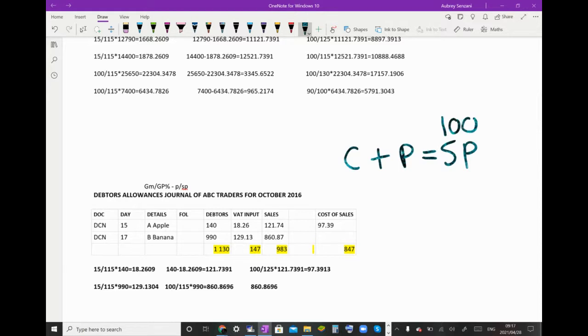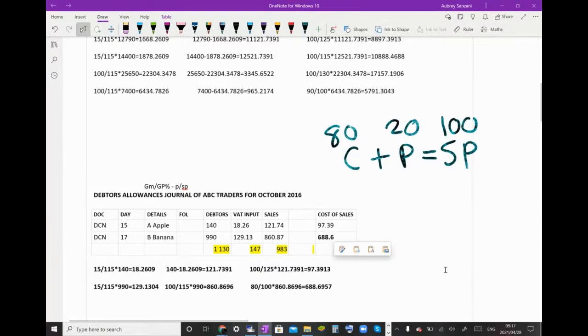Selling price is 100, and they said 20%, so profit is 20% and therefore cost is 80. So what we want is 80, but what we have is 100, times that amount there. And there is our cost of sales. Round that up.